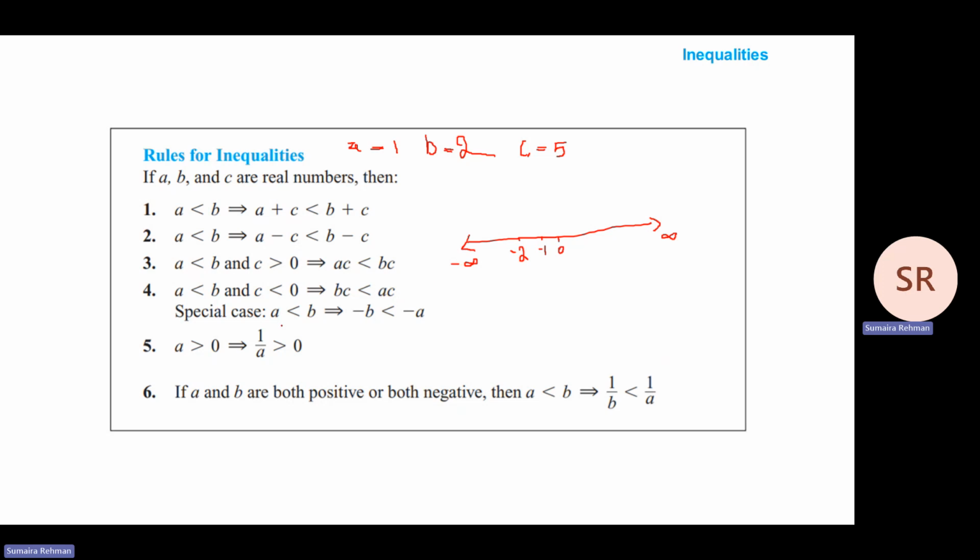And the special case: if a is less than b, this implies -b is strictly less than -a.